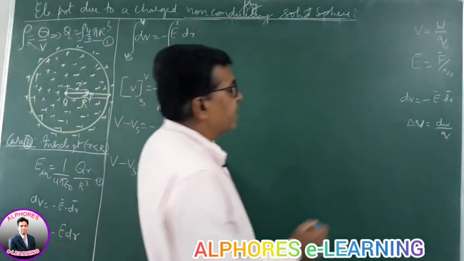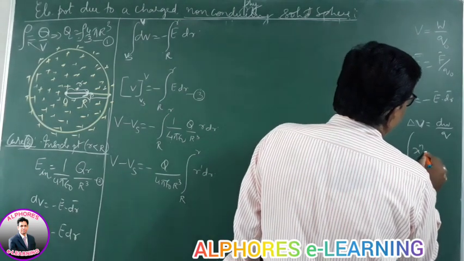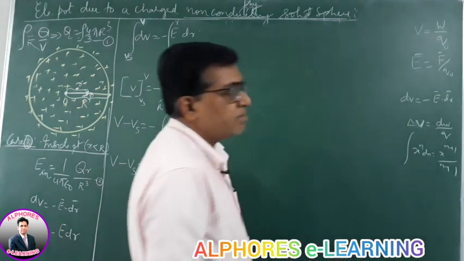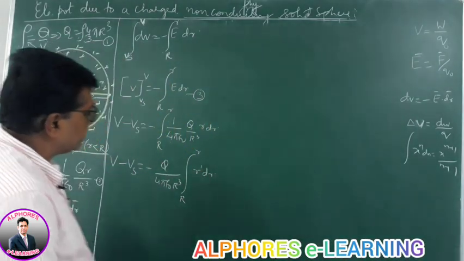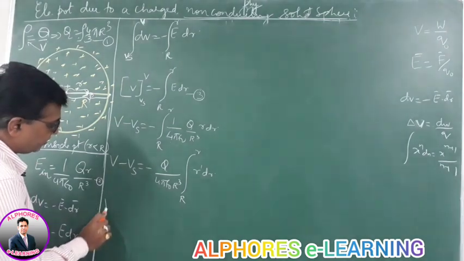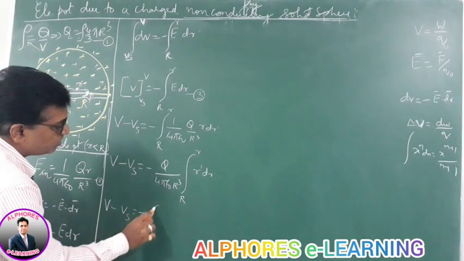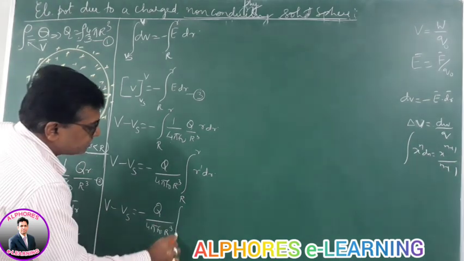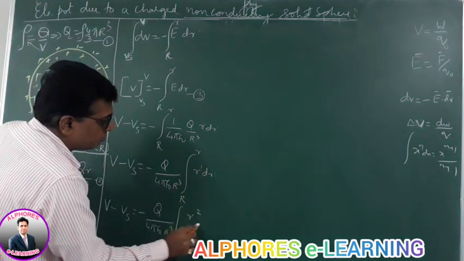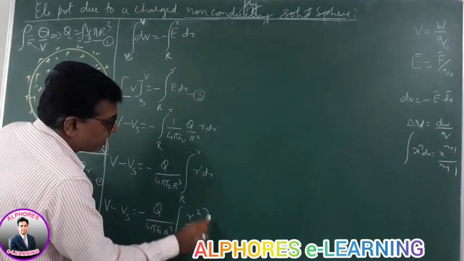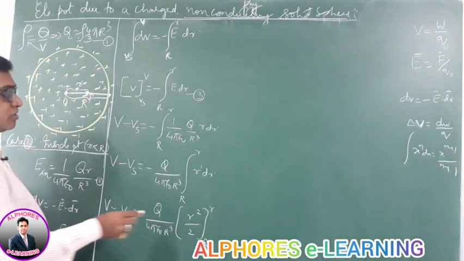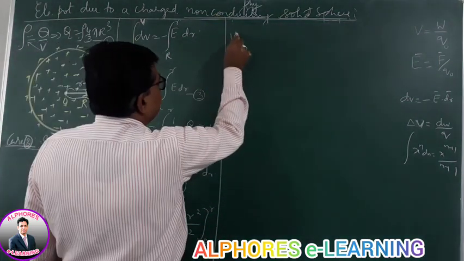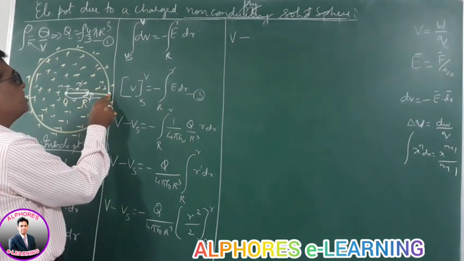It's a simple integration. We know the integral of x power n dx is x power n plus 1 by n plus 1. So V minus Vs is equal to minus Q by 4 pi epsilon naught R cube times r power 1 plus 1, that is r squared by 2, from the lower limit capital R to small r. Now substituting the limits, potential V minus Vs, the potential on the surface.